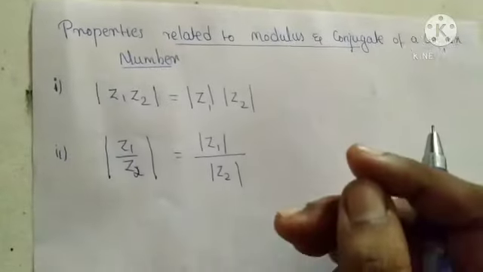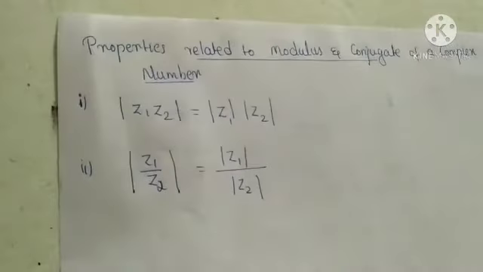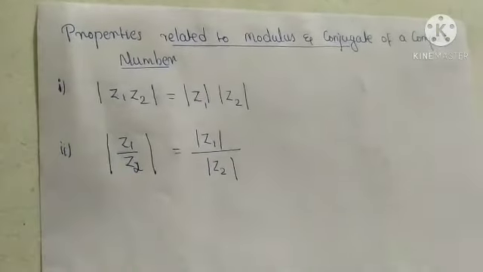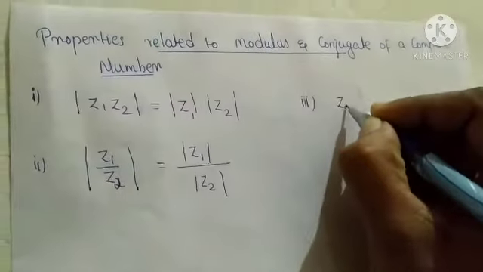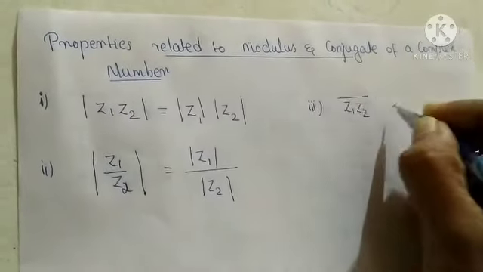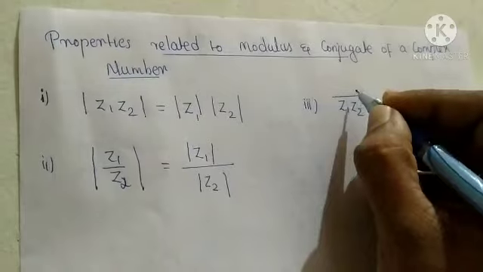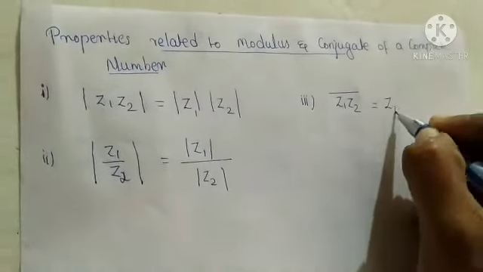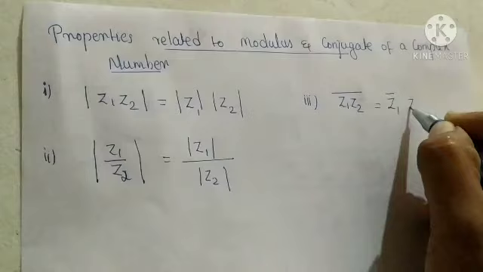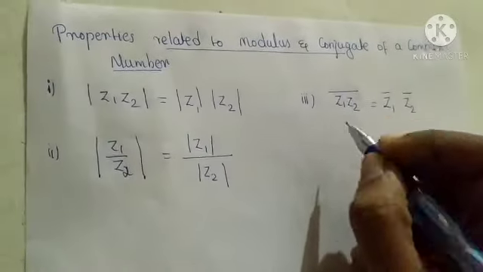These are same. Okay. And next one is Z1 Z2 bar is equal to, bar means conjugate. So Z1 Z2 conjugate is equal to Z1 conjugate into Z2 conjugate.